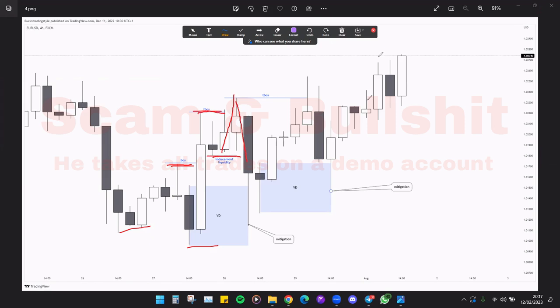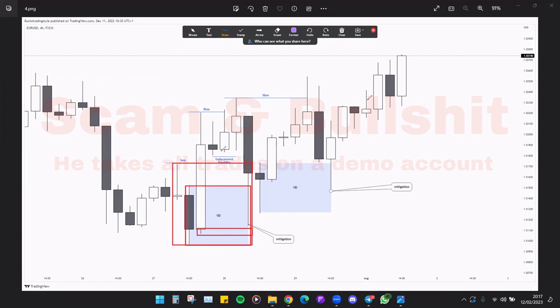Then in this example, from this high to this low, this was IPA, and then we have a bunch of imbalances below. So price came back down to mitigate this whole range right here. This whole range is a valid demand zone. This is our refined demand. Then this wick right here is also our refined POI.